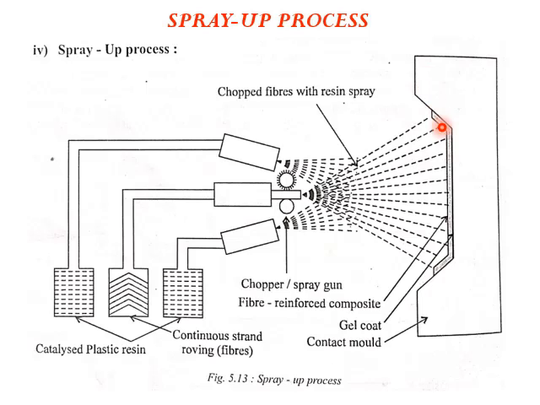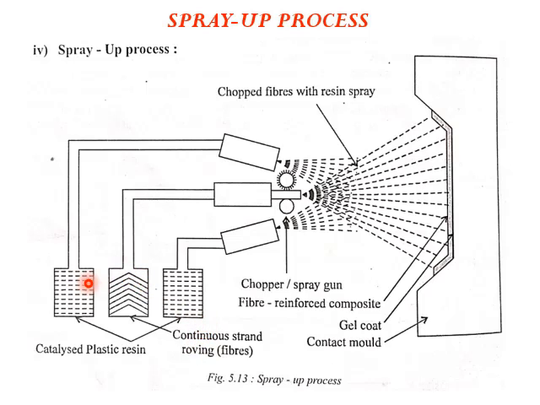Here also, on the mold surface we are going to have a gel coat, which is applied to ensure easy removal of the product and to have a good surface finish. Once this mold is prepared, the next thing is we are going to have three nozzles here.